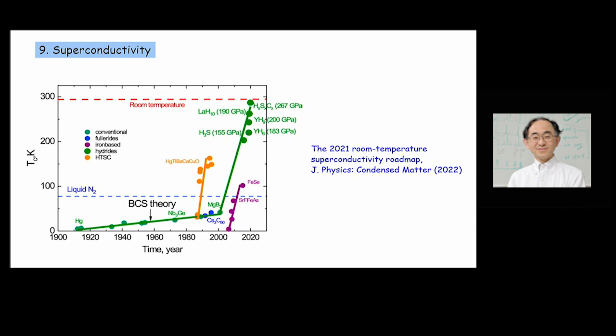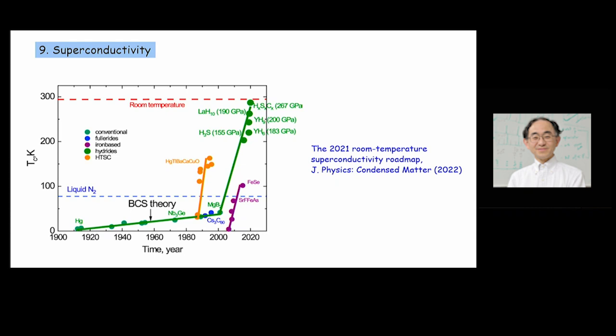So this is a very competitive field, with many reports in Nature and Science, etc. And then there were some trials to reproduce. But in any case, this is a quite interesting material. And almost room temperature, but you can see this pressure, right?